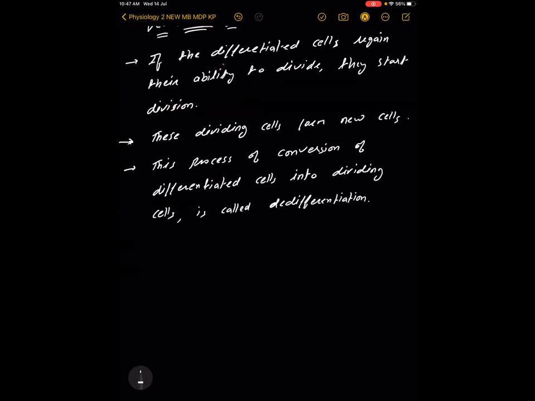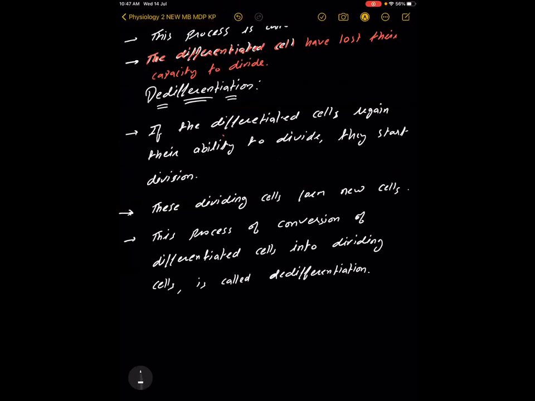Sir, this is dedifferentiation. Does this process take place naturally, or in the presence of some enzyme or hormone? No, if any injury occurs, or at the time of secondary growth, it occurs naturally, but controlled by different hormones or chemicals, obviously. But it is not induced.